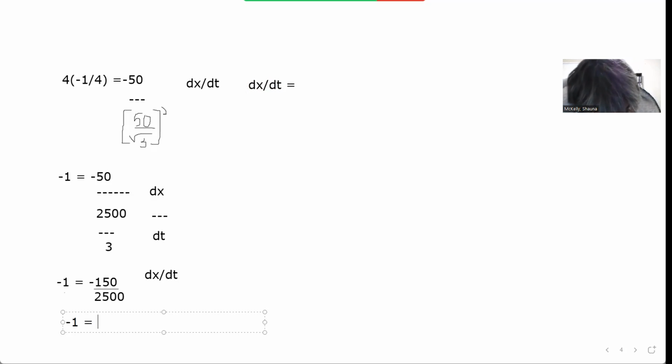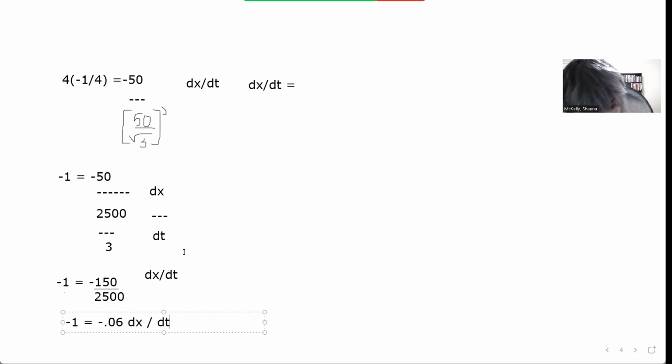So this is 0.06, and it's negative 0.06 dx dt. And I'm going to divide by negative 0.06.